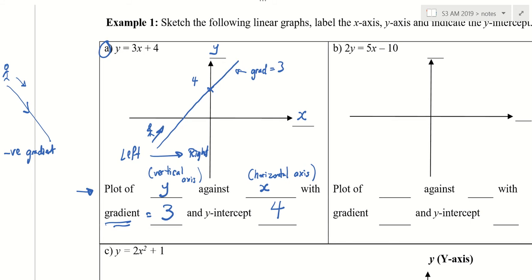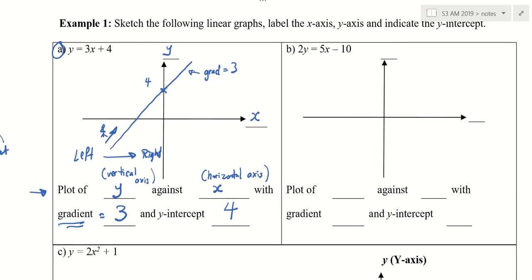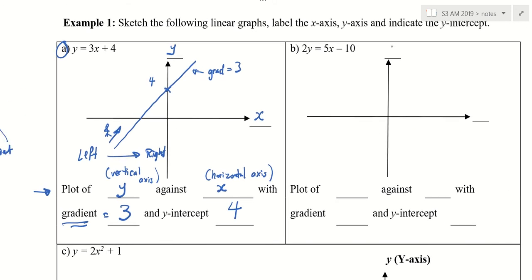Now, coming to B, still very easy. Definitely the axes are still y and x. Next person will help us complete the sentence. Nigel, plot of what against what? y against x. What's the gradient? Very good. What is the y-intercept? 5 or negative 5?